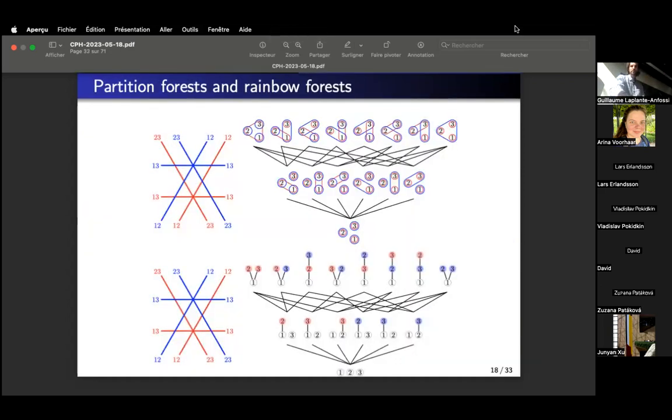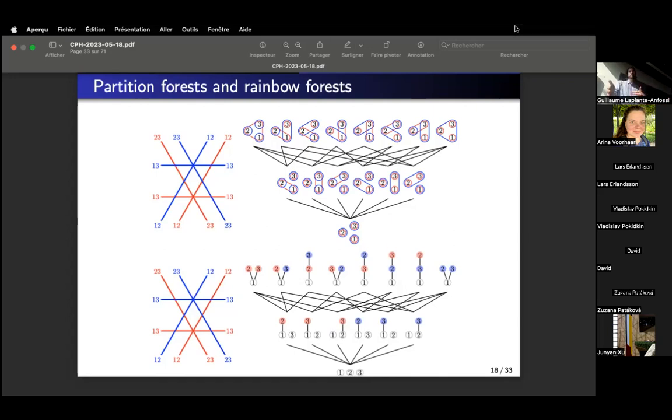So now we have this. On the top of this slide, we have an illustration of this flat poset indexed by partition forests. And in order to really count the elements of this flat poset, we'll need another bijection.